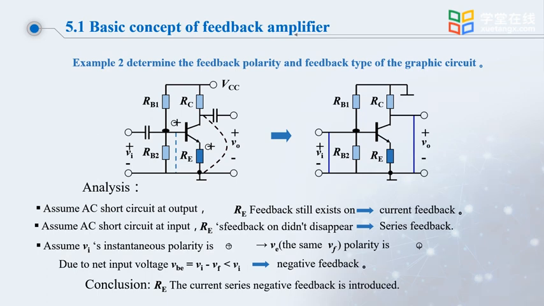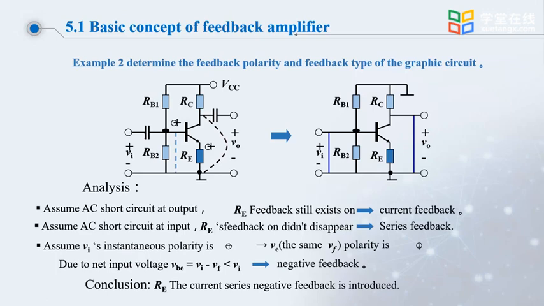For the instantaneous polarity method, I give the base an instantaneous positive. So the emitter is also an instantaneous positive. What impact does it have?